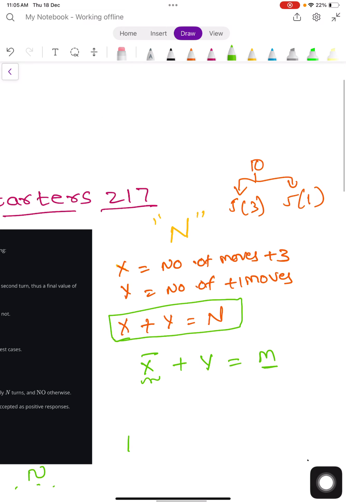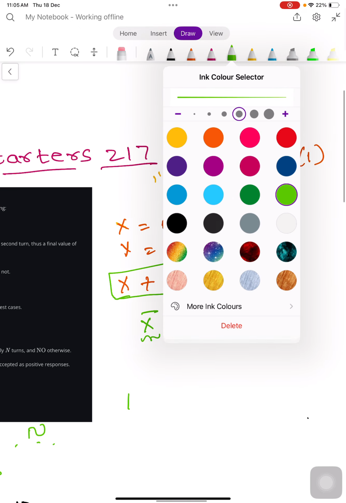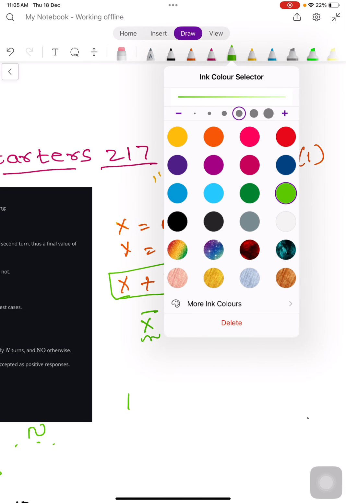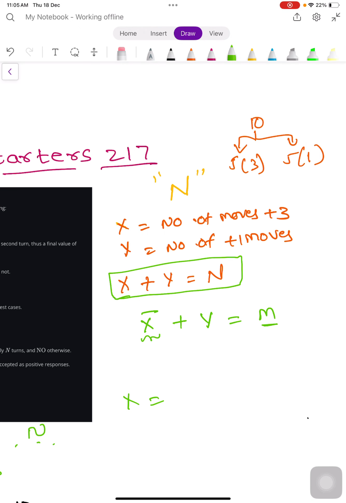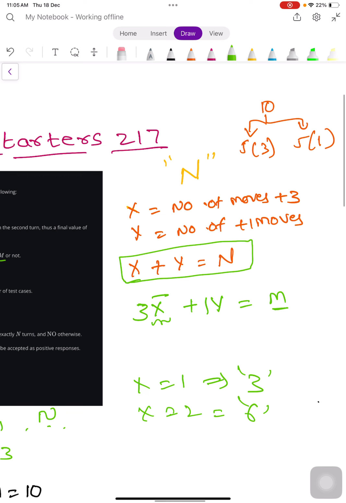If X is given as 1, that means I have done 3 steps, I have gone plus 3. X given as 2 means I have gone 6 steps, which makes this 3X, and 1 into Y, obviously.